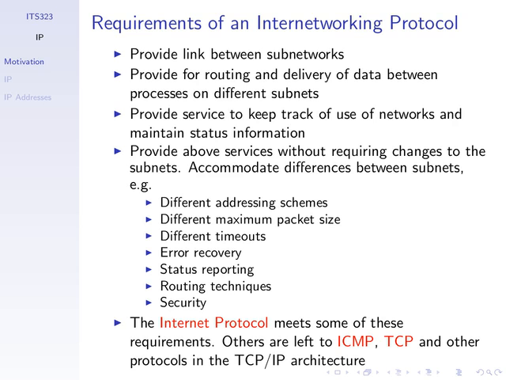It meets some of the requirements that we need for internetworking to work. The ones that it does not meet are handled by other protocols. Two of them specifically are ICMP and TCP. We'll cover TCP in the next topic. So what we're going to do for the rest of this topic is go through how IP works, the Internet Protocol.